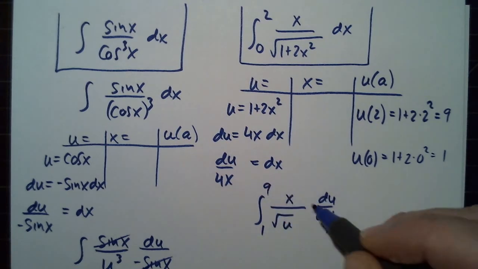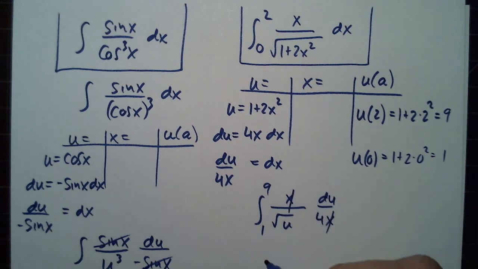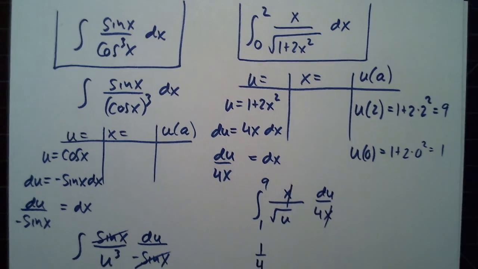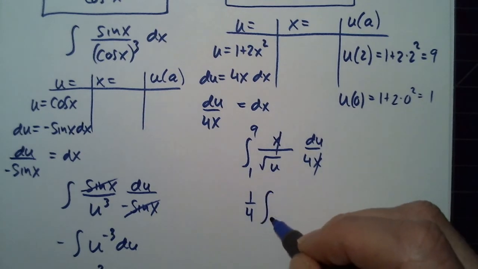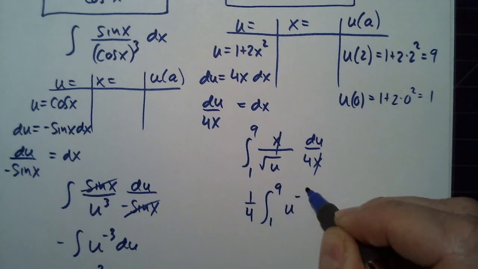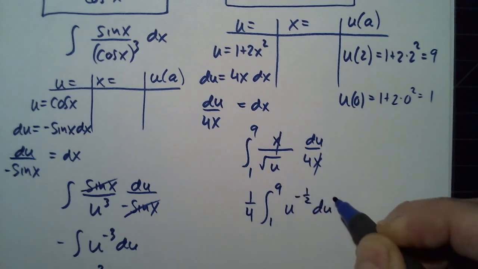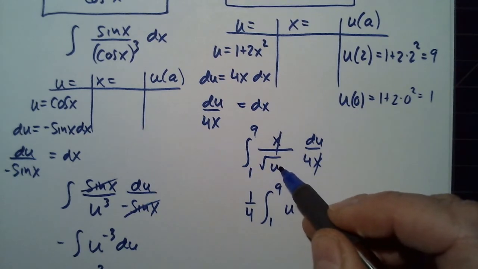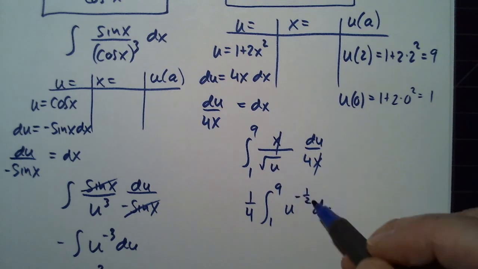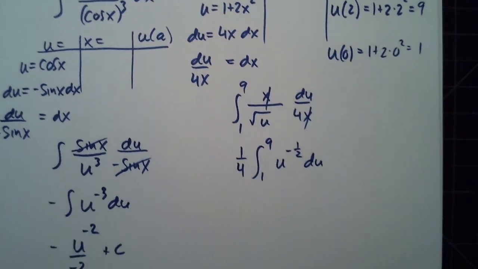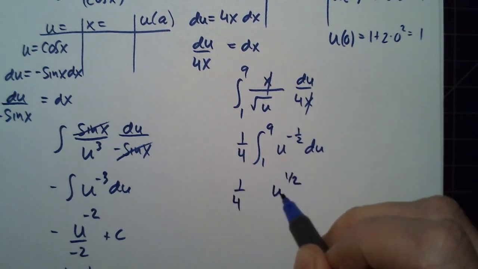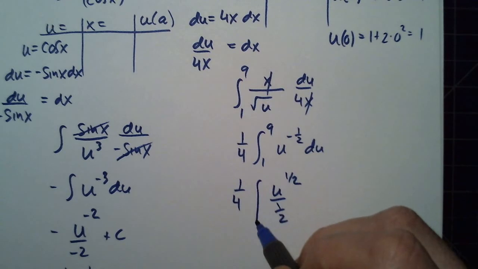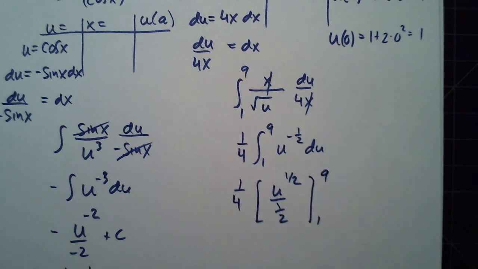The x's cancel, so then we have 1/4. Alright, that's u to the 1/2. It's in the denominator, so we'll make it a negative exponent. u to the 1/2 over 1/2 from 1 to 9.